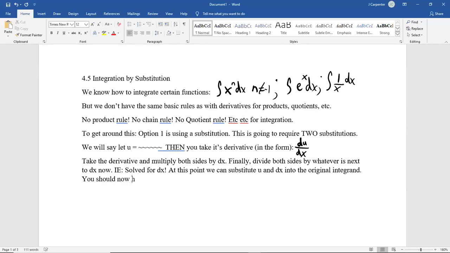Now, hopefully, you have something that's easy to integrate, as long as you only see u's. In other words, no x's.